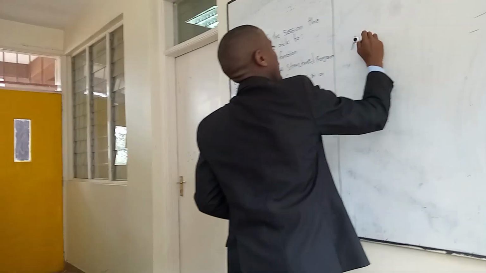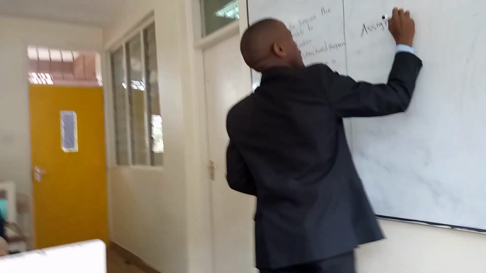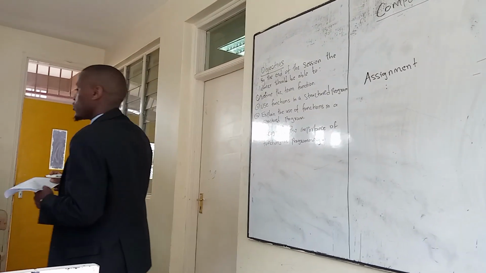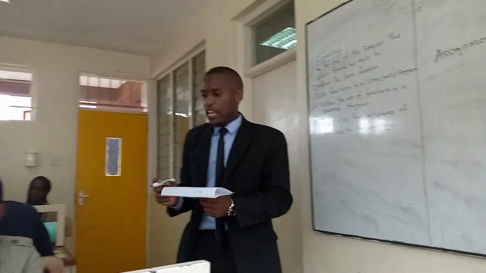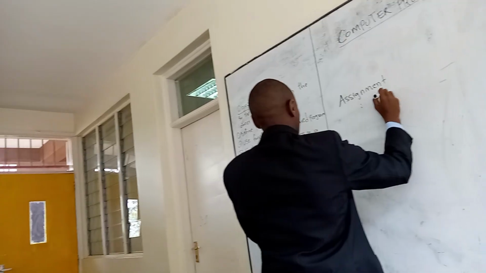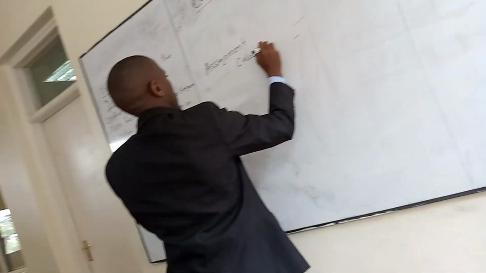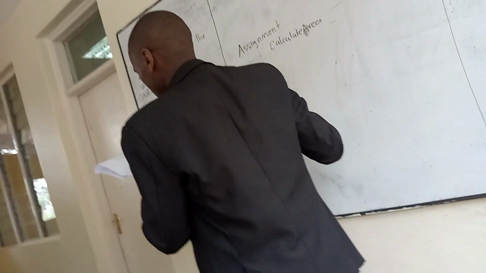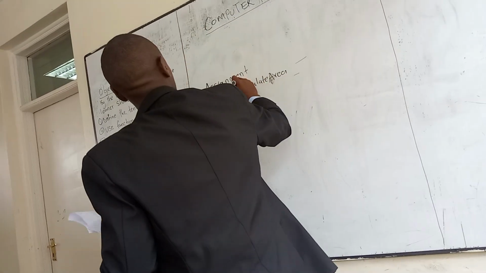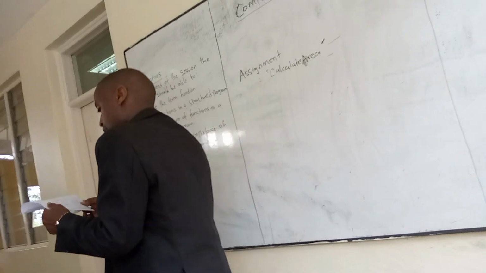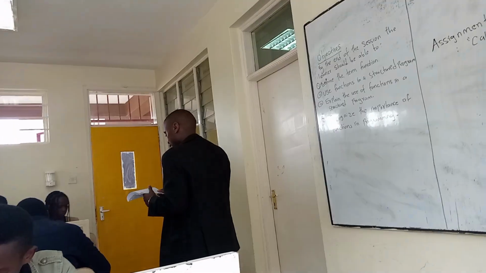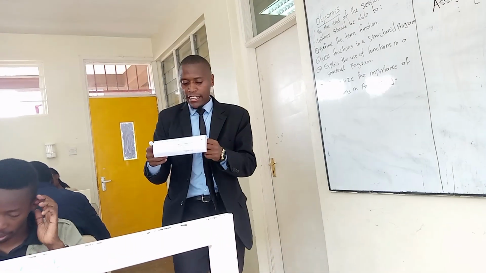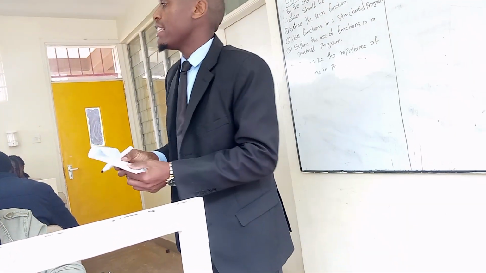I will leave you with an assignment. Implement a function and call it calculate area, that takes an array of integers as a parameter and returns the average of values in the array.